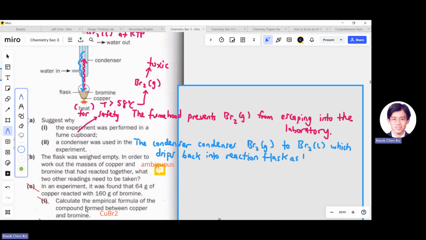And bromine is a reactant. It should not escape.